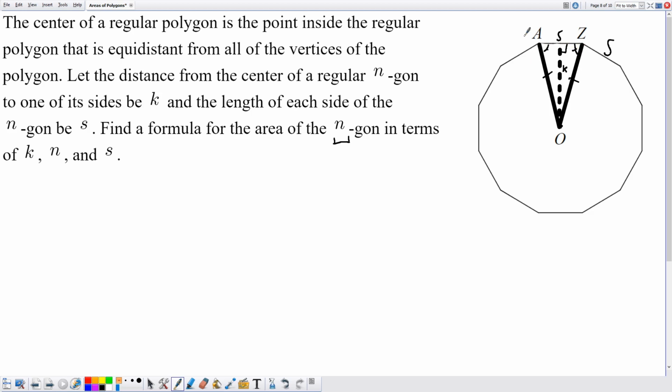So these angles are the same, and the point here is going to cut AZ in half. So for instance, if I call this point M, we have that AM is half of s.